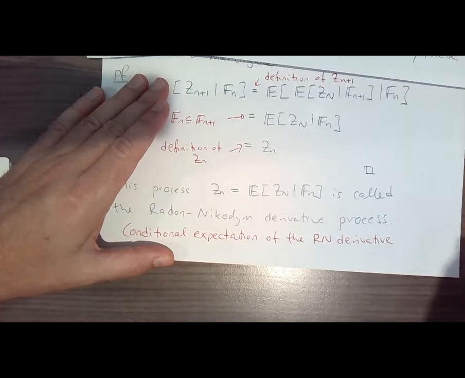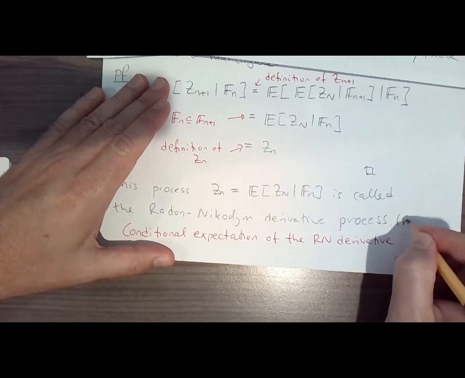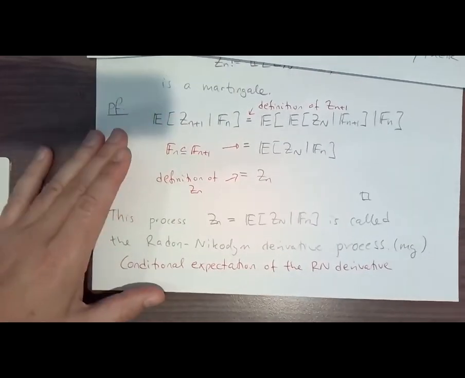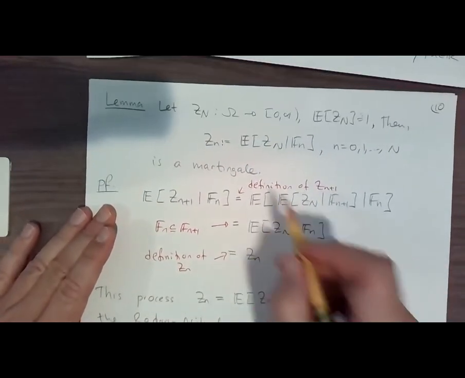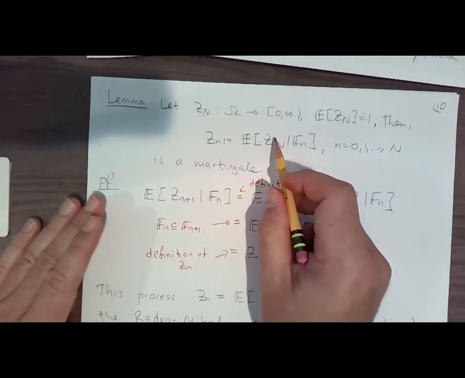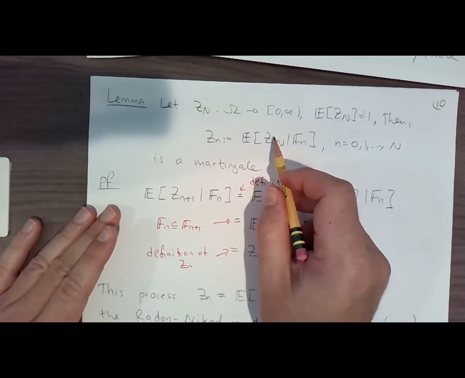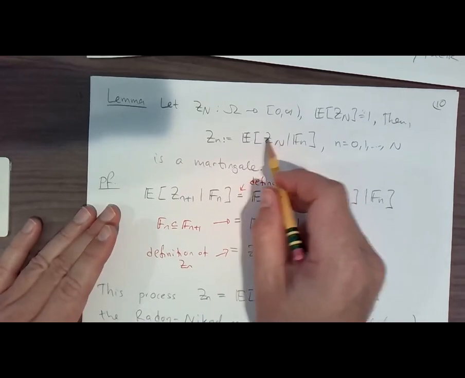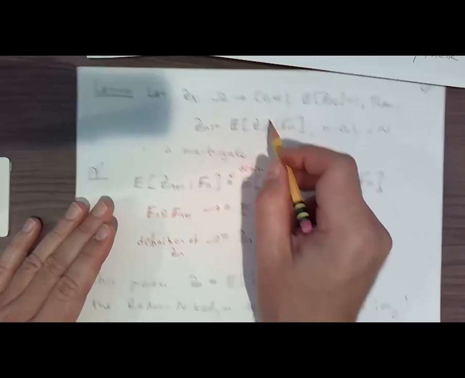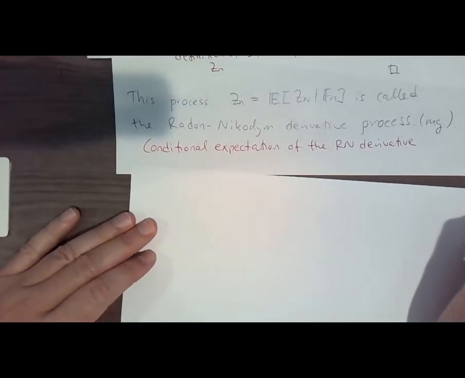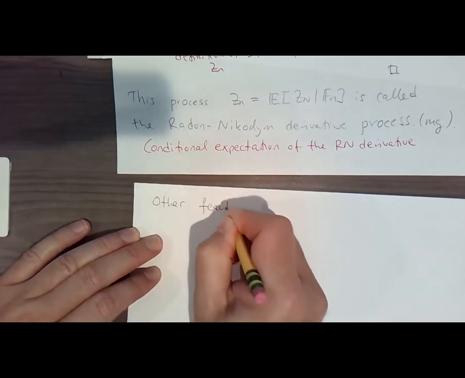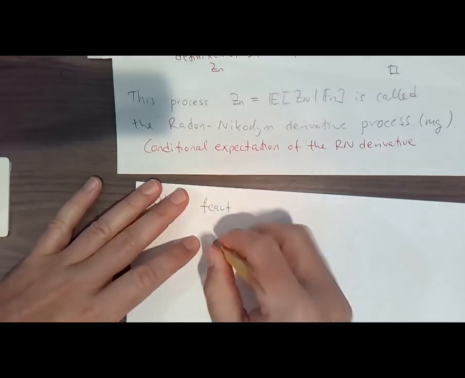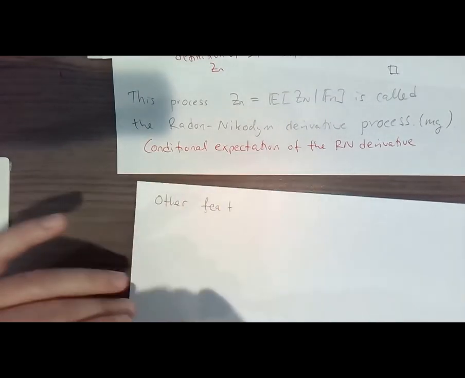And it's a martingale. So that's its key feature. It's a martingale. This one here has expectation equal to 1. So if we take the expectation of Zn, so let's write some other features of this random derivative process.